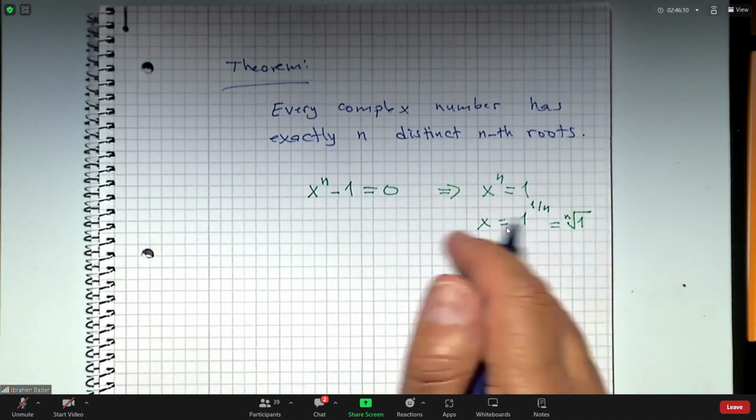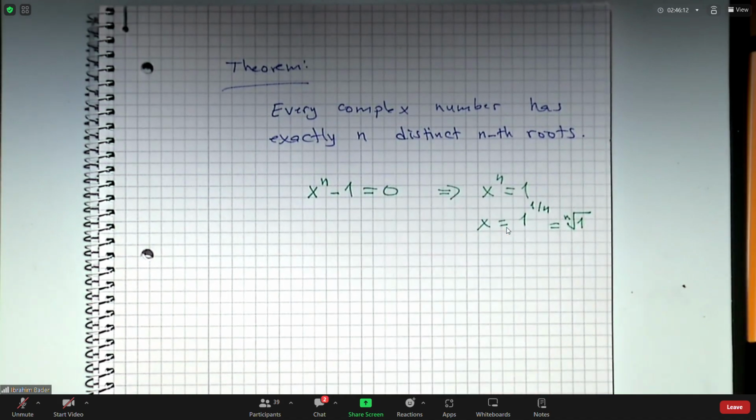So this is, if you like, a modified version of the so-called fundamental theorem of algebra. And now I stress here, under complex numbers. Now you will be surprised with the next example.